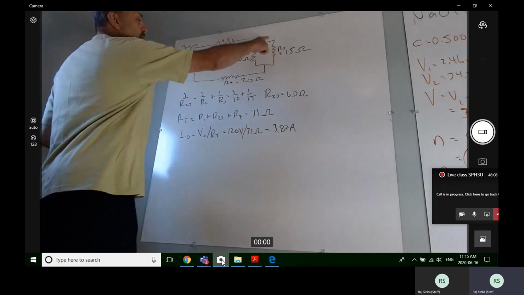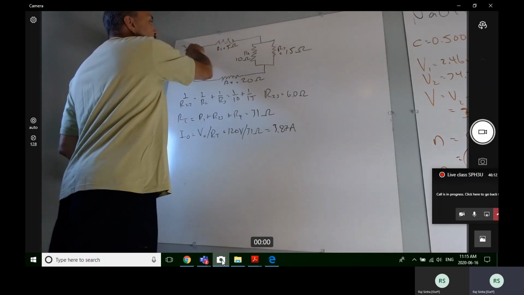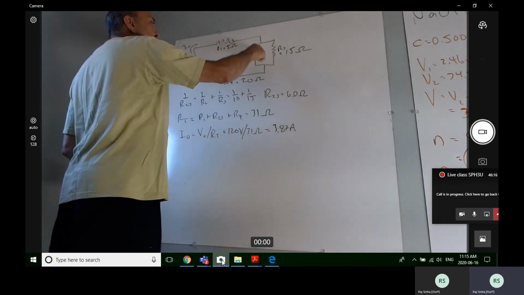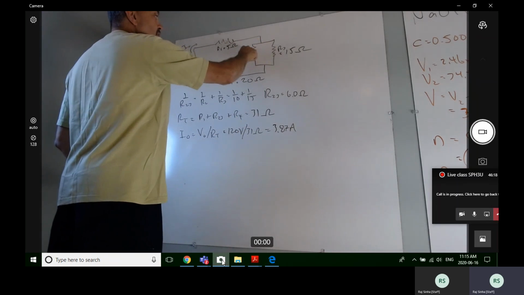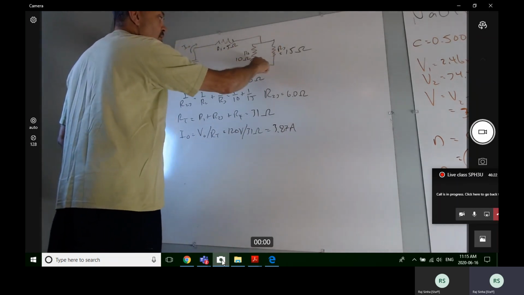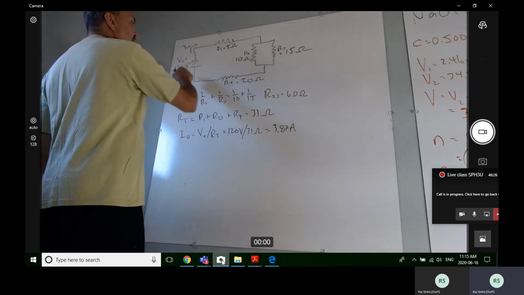I know that if I replace this with a 6 ohm resistor, the speed going through here will be 3.9 amps. When it gets to here, some of the 3.9 is going to go this way, and some is going to go this way, but they will come back together as 3.9 and travel this way.